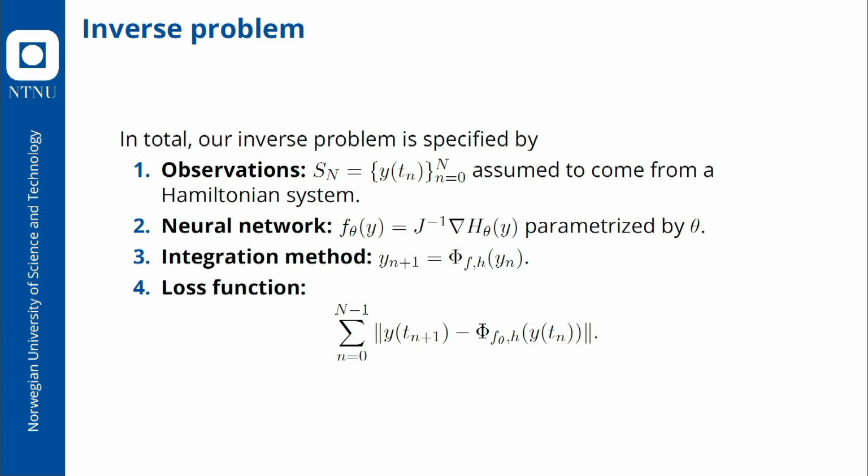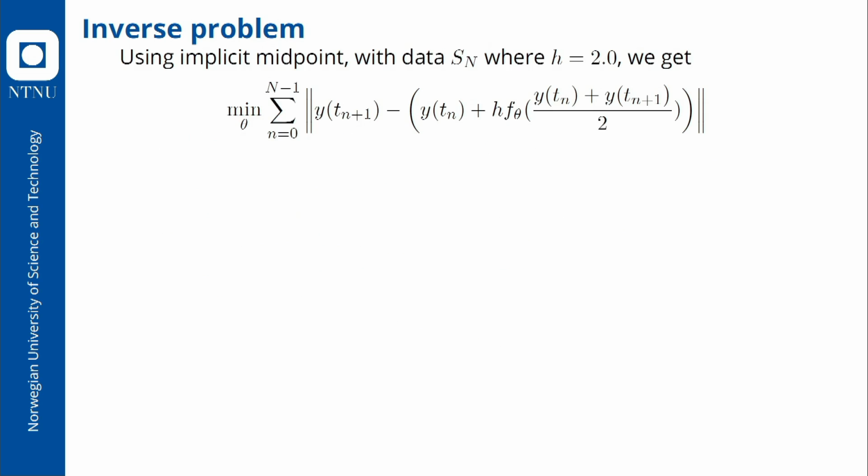So in total, we have some observations that we assume come from a Hamiltonian system. We use a neural network that is structured as a Hamiltonian by construction, and we choose an integration method which we will discuss in greater detail. And we end up with this loss function.